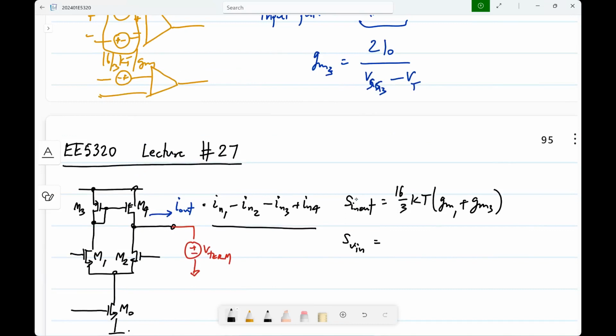So you will get 16/3 kT by GM1. This you would get if you just have the input pair, you will always get this.